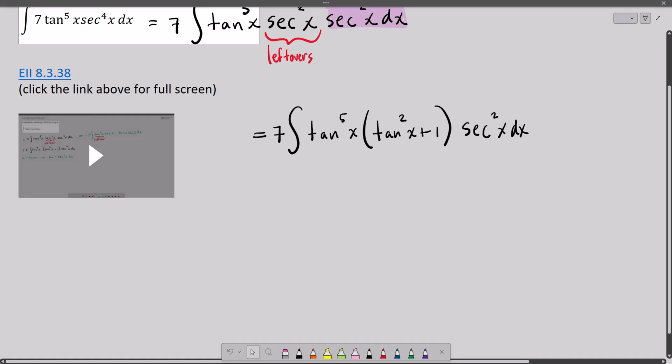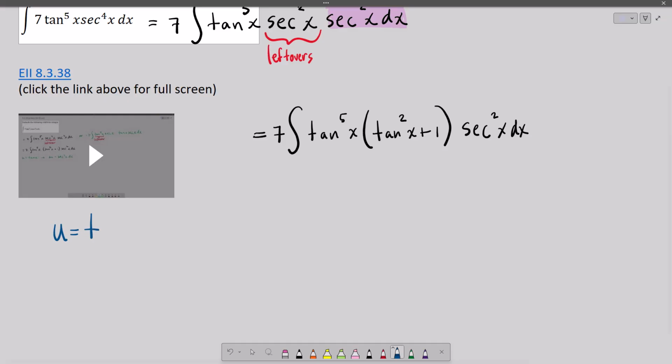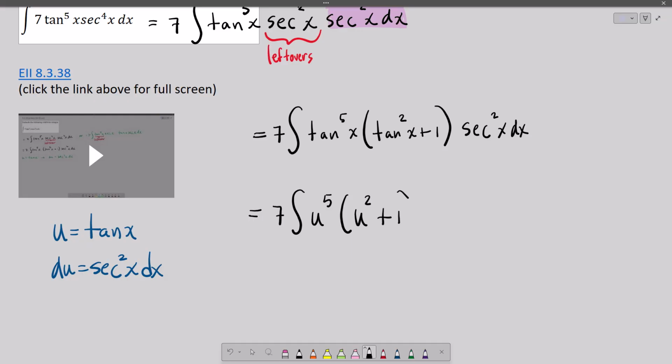We have powers of u, which are pretty easy to manage. So u is tangent meaning du will be secant squared of x times dx. So we've got that.